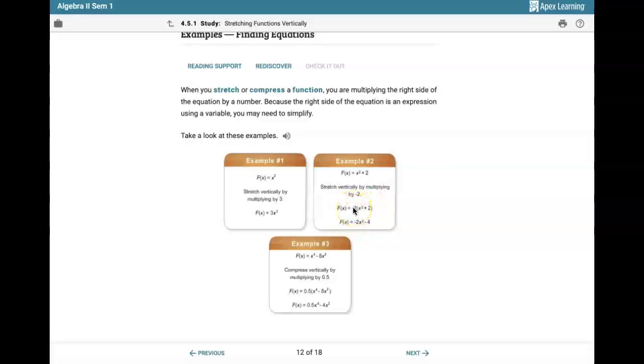And remember, if we have a negative 2 out here, that means we are going to flip across our x-axis. And then lastly, compressing by a factor of 0.5, we would put 0.5 and multiply that out throughout the entire function.